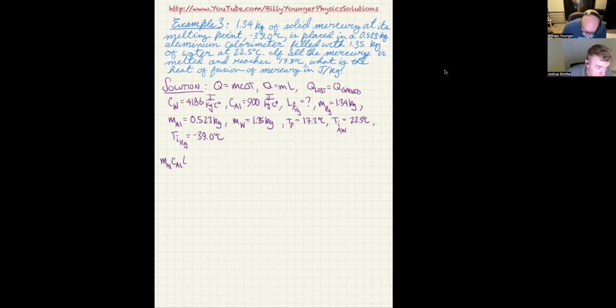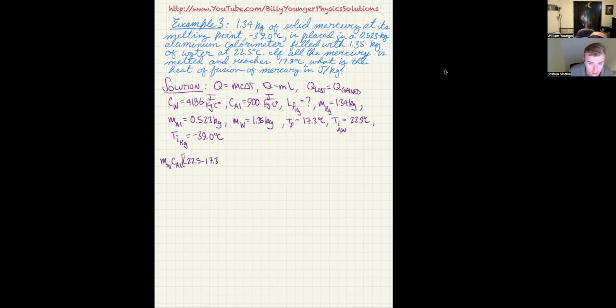I'm making all the terms positive. So in this case, the aluminum is going from 22.5 to 17.3, so I'm going to do 22.5 minus 17.3.